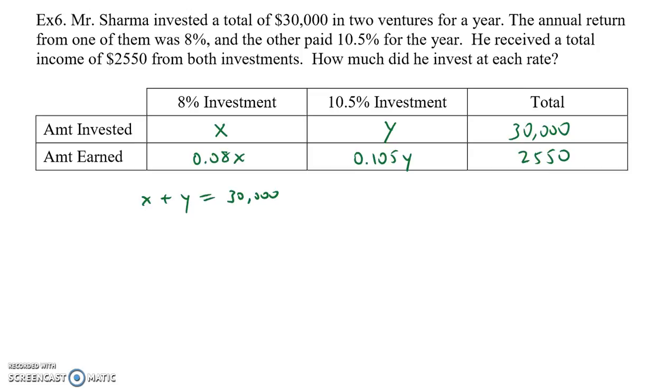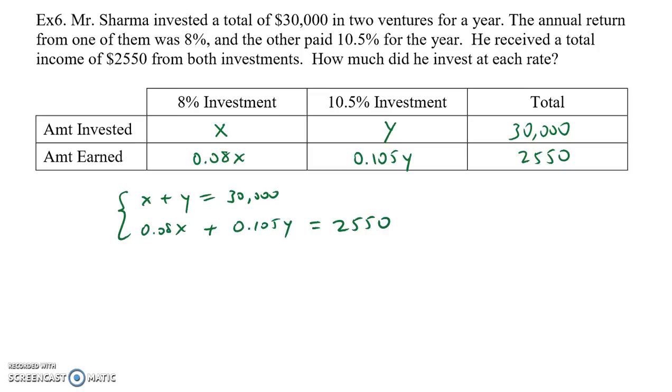So the amount earned at 8% is 0.08x. The amount earned at 10.5% is 0.105y. Those amounts should add to the total earned, 2550. So now we have a system of two equations and two unknowns.